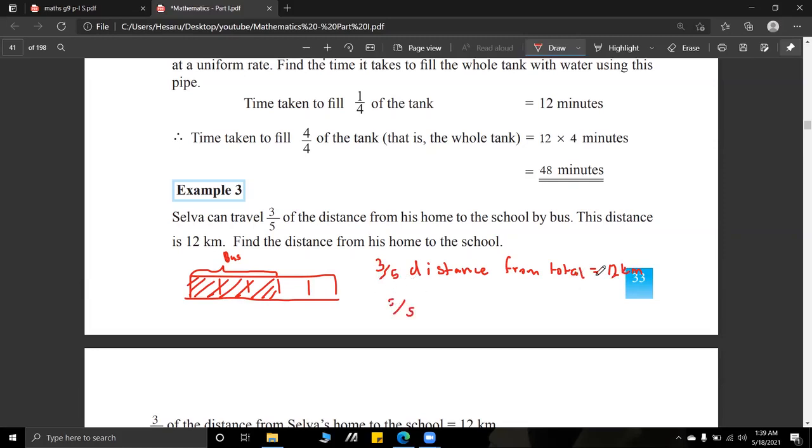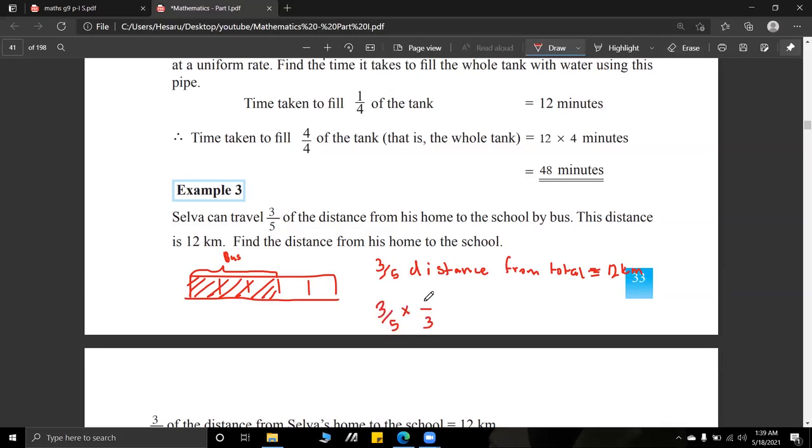This is an equation, you can see there is an equal mark, so whatever you do to this side should be done to this side too. To make this 3 over 5 a 5 over 5, you originally have 3 over 5, and you have to divide this by 3 in order to cut this 3 out.